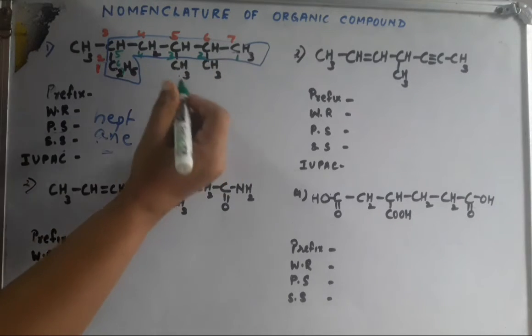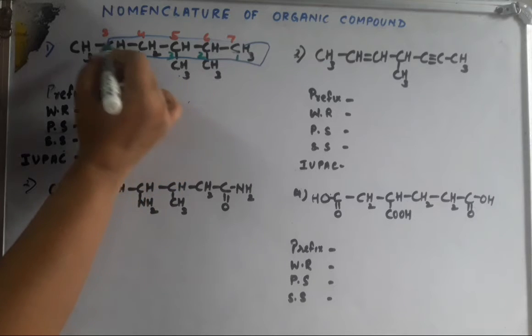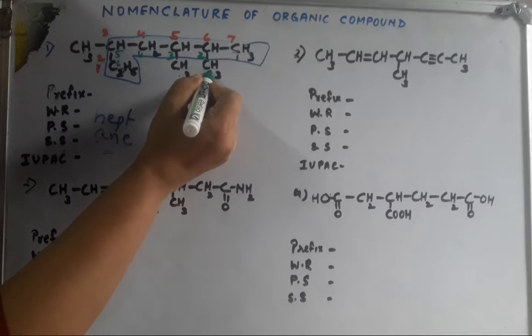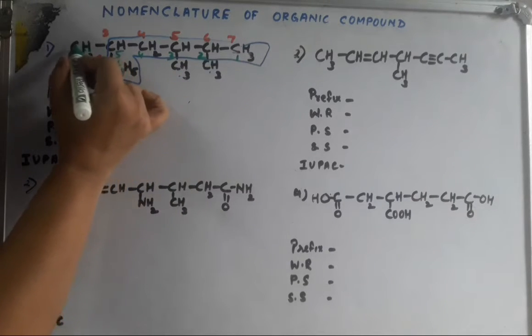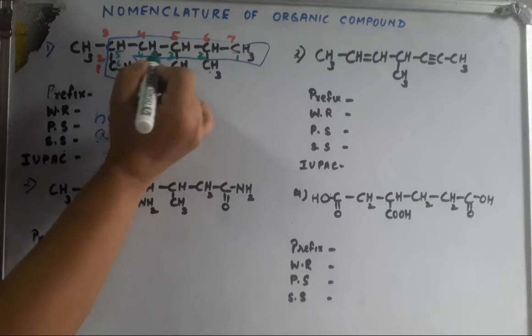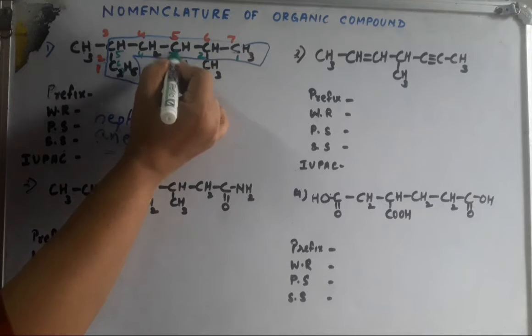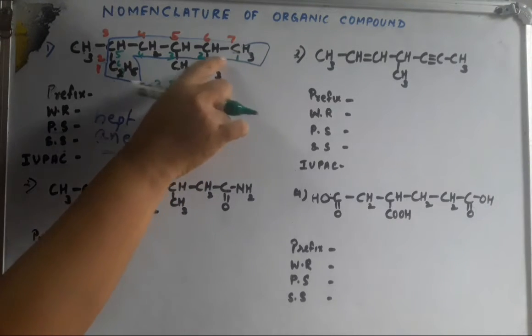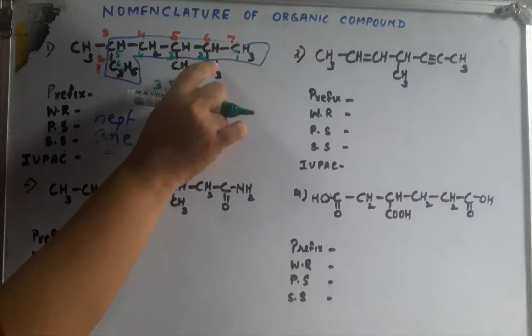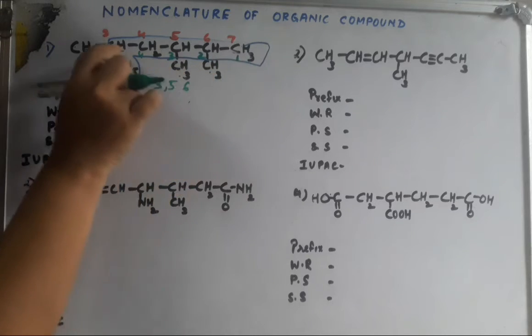For finding the correct numbering, we have to see the position of the substituent. In the red marked one, the position is 3 and then 5 and 6. For the green marked one, the position of methyl is 2, 3 and 5.